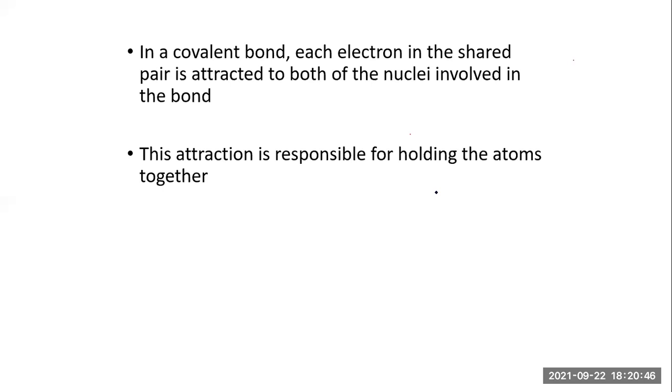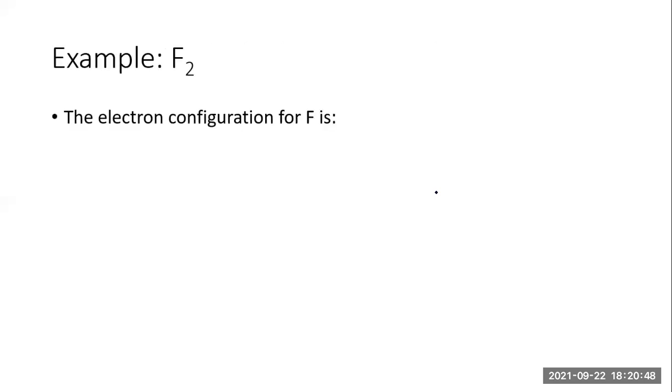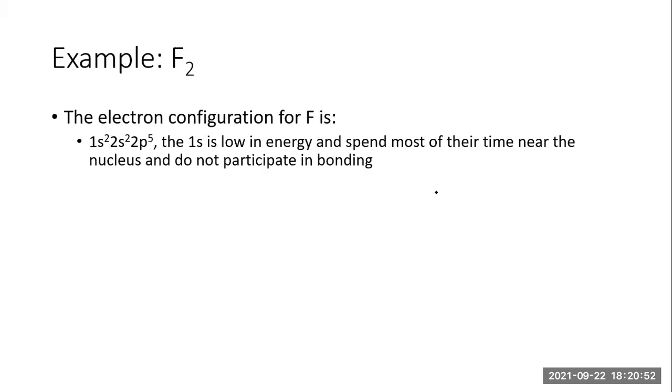Now, what happens if we look at something like fluorine, for example? That is 2 fluorines together. They again are both group 7, which means each of the fluorines here will have 7 electrons.